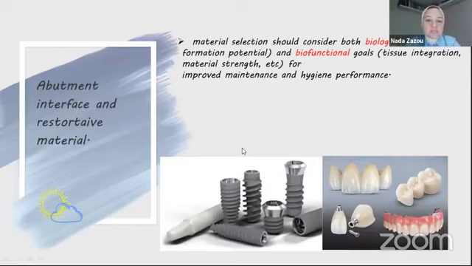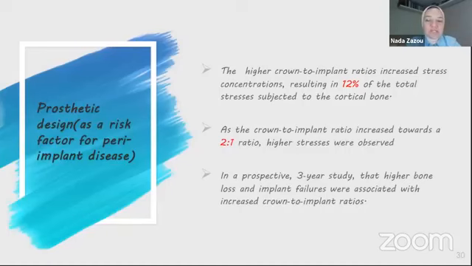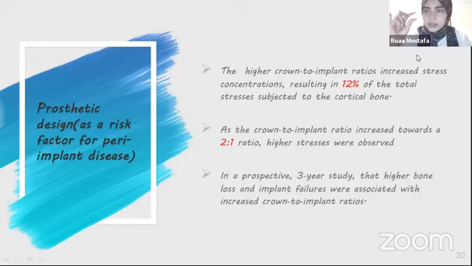Let me stop you at this crown implant ratio. For a clinician, why is this relevant to me? How can this be relevant to me when I'm designing or choosing an implant length, or I don't have enough bone? What do you think I should measure and think of if I'm going to put a 4 or 5 millimeter implant? The inter-arch space? Exactly.